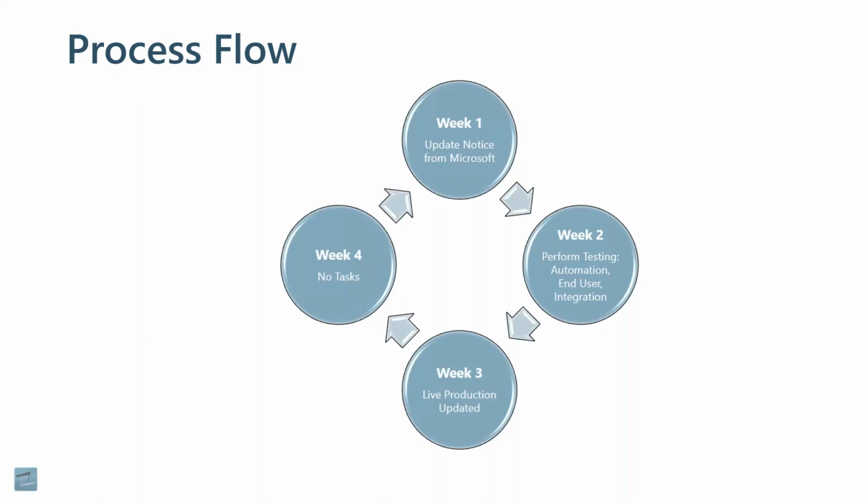And if you pick the first weekend in the month, then 2 weeks before that, you will get a notice from Microsoft that tells you what are the features that are coming in your next release. The week after that, 1 week before production would be updated, is when Microsoft will automatically install the platform update to the environment that you selected.